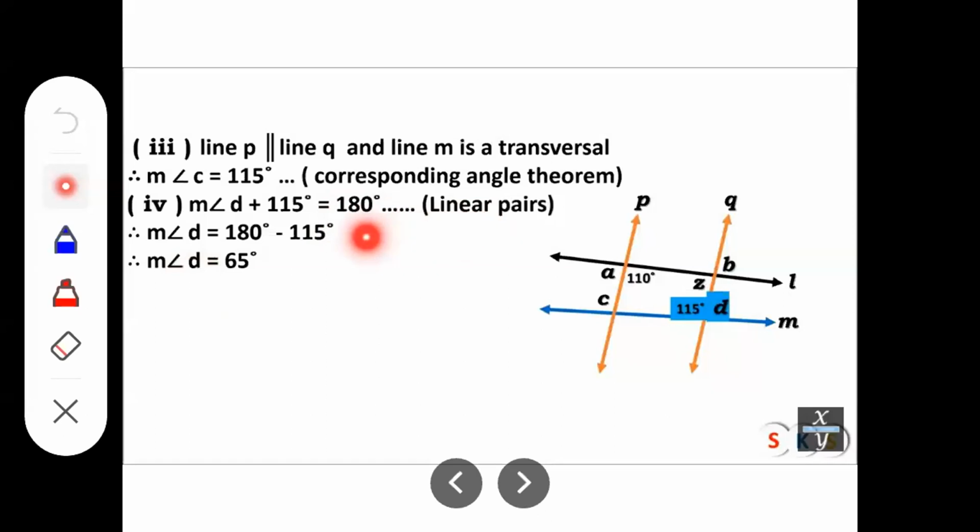Now subtract: 180 degree minus 115 degree. The subtraction value you will get is 65 degree. So the measurement of angle D is 65 degree. See how easy it is to calculate such values.